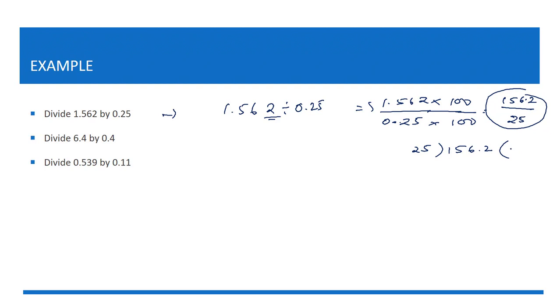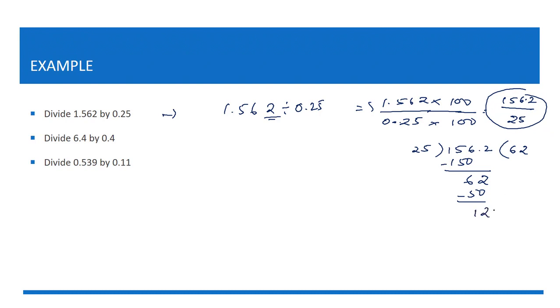25 into 6, right? 25 6s are 150. After subtracting I get a remainder 6. Bring down 2. Now 25 2s are 50, so 62 minus 50 is 12.